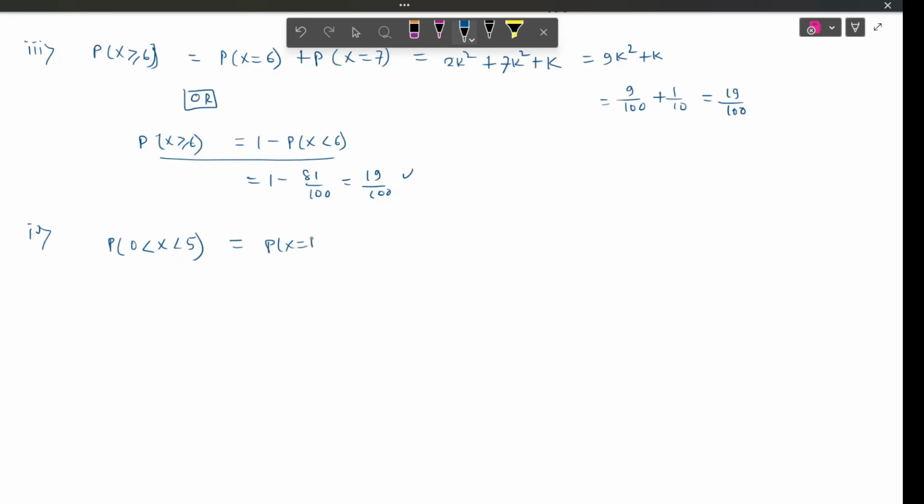So probability of X equals 1, probability of X equals 2, probability of X equals 3, probability of X equals 4, right? So this would be k plus 2k plus 2k plus 3k. This would be 8k. K is 1 by 10, so 8 by 10 is the answer, or you can say 4 by 5.